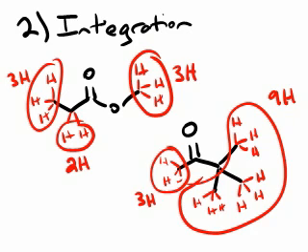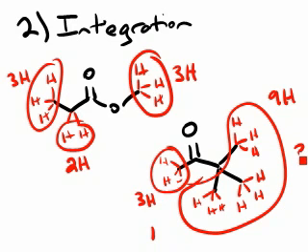Now, it's important to note that integration values are relative. In other words, when you see these 2 signals, it might not clearly say 3H on one signal and 9H on the other. It might say 1 and 3. Why? Because the ratio of 3 to 9 is 1 to 3.